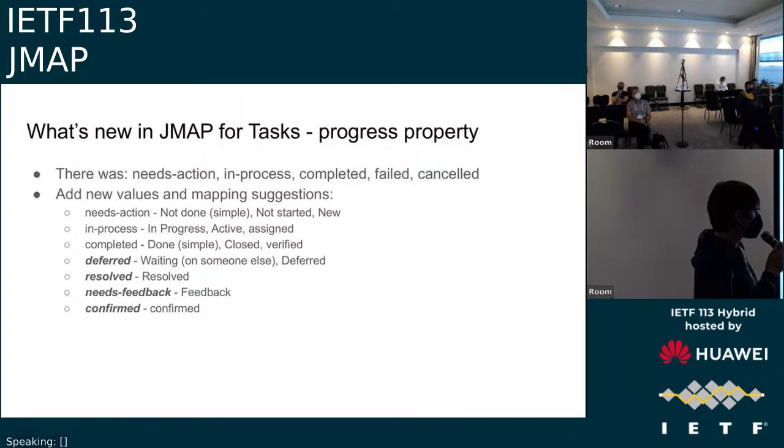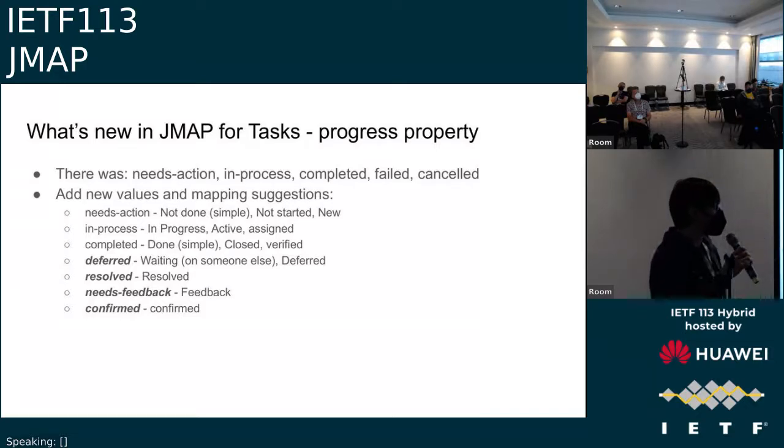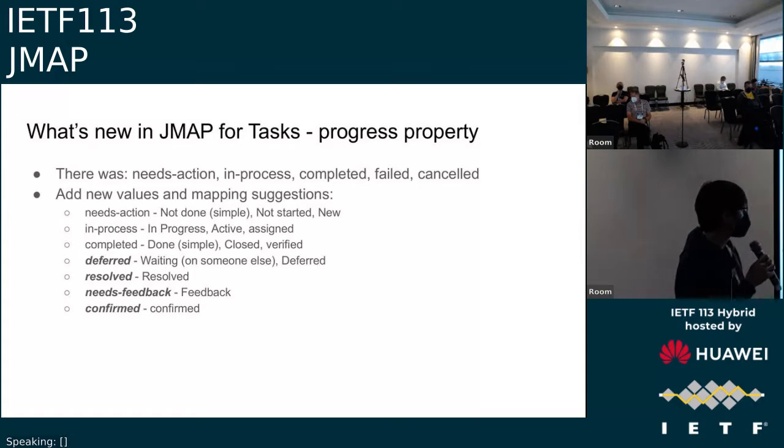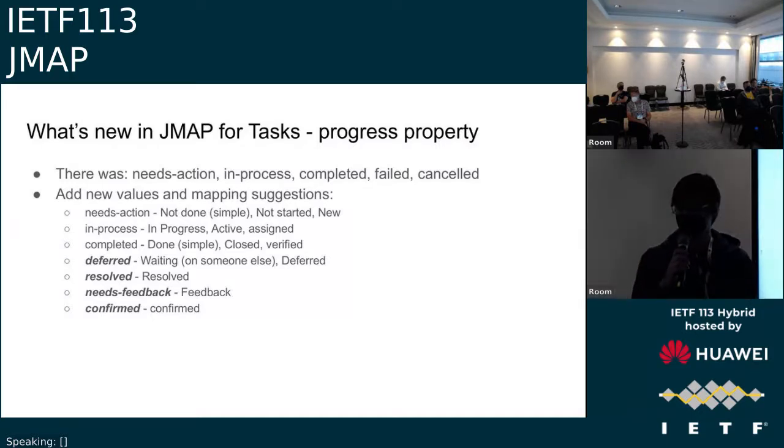I also mentioned that in the spec, so that other people implementing it know which value to choose for their own system. Yeah, so I don't know, maybe there are already some thoughts on this. I think the next slide is going to be other properties for discussion.